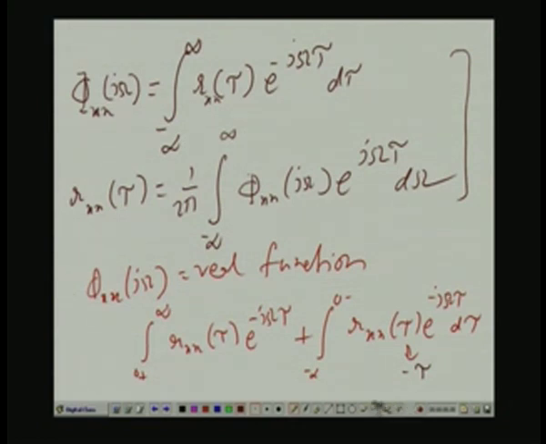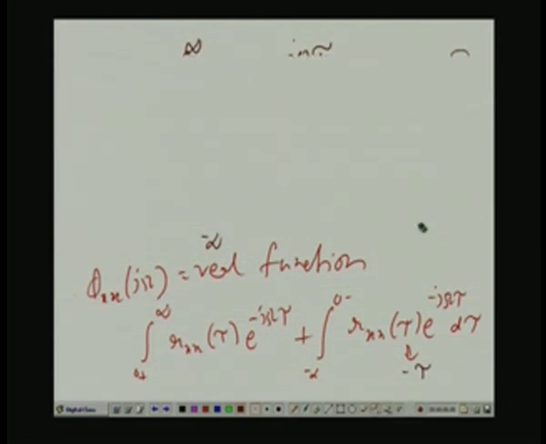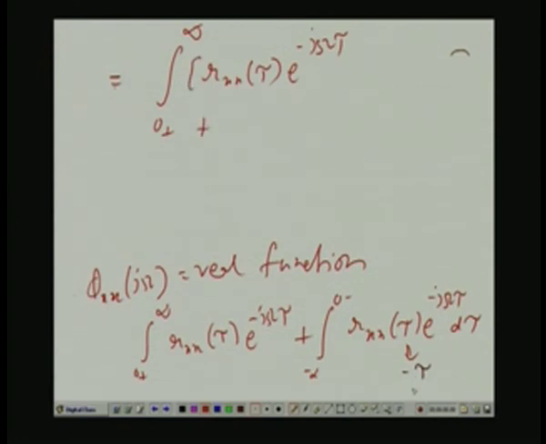That means what you have is the integral from 0 plus to infinity of r x x tau, there is one term, another one is r x x minus tau. Now, remember, r x x tau is r x x star of minus tau.